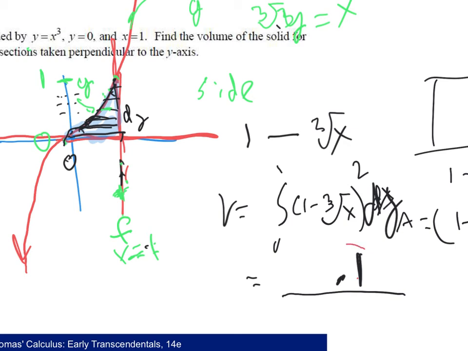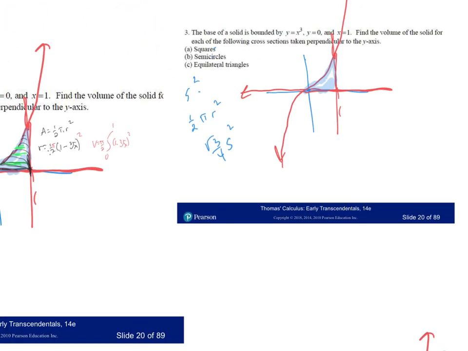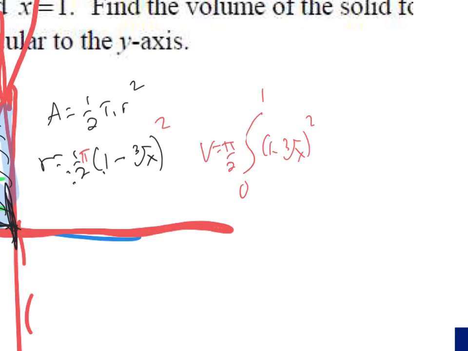So I'm just going to take that answer back upstairs, and say the volume is pi over 2 times 0.1. I don't mind that. Now, some books won't let you use a decimal with a fraction. So if you multiply top and bottom both by 10, that moves the decimal over 1, so you could also say it's the same thing as pi over 20.